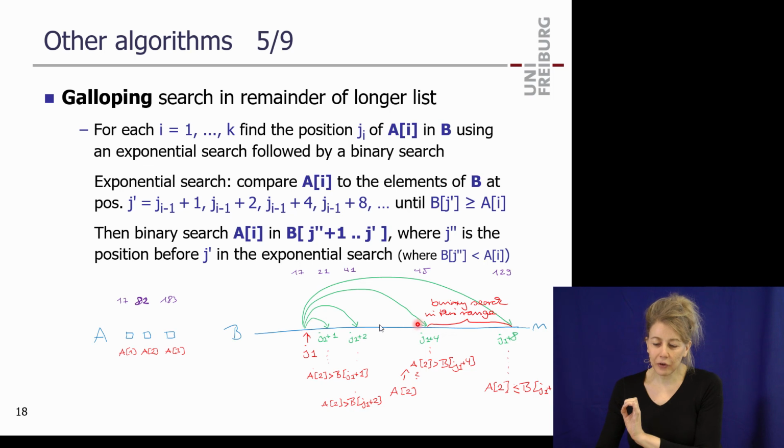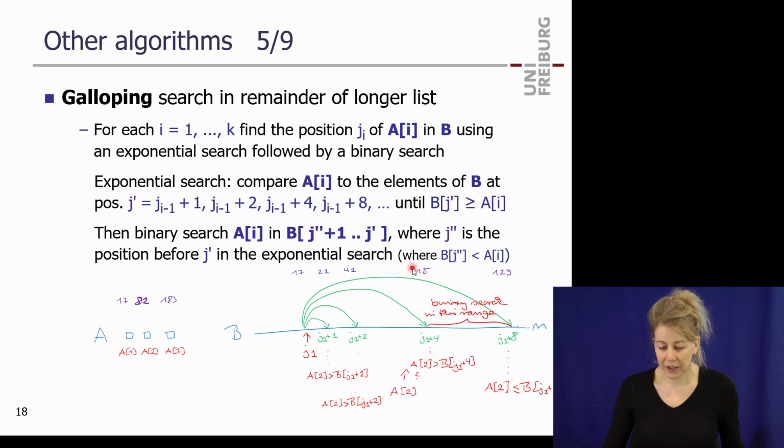Let's assume we had been successful here already at J1 plus 4. Then I just have to search this range, and I don't have to search everything to the right of it. So I'm overshooting the ideal position a little bit. Ideally I want to find the right position right away, but I'm overshooting it by a factor of 2 at most. And this is something you can prove in the analysis. So that's the idea.